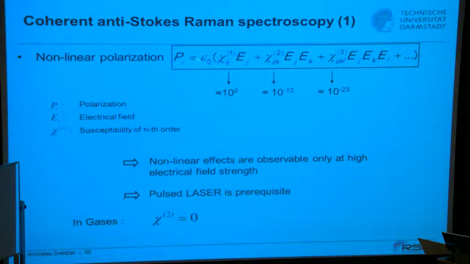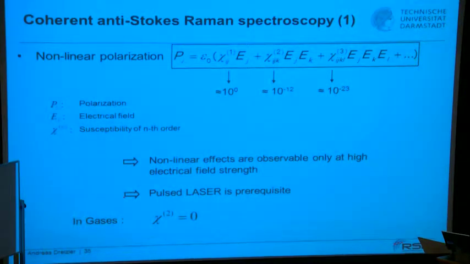If you have low energy, low amplitudes in your field, where E means the electrical field amplitude, you have a linear relation. A linear relation which goes over this chi tensor, which is molecule specific. Different molecules have a different polarizability.